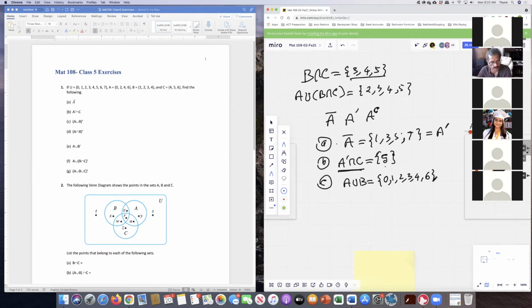Now, the question is A union B prime. So I need to find the complement of this. Can somebody tell me the answer to that? The complement of this set, the set we have right here, this is A union B. So find the complement of that. 2 and 4.